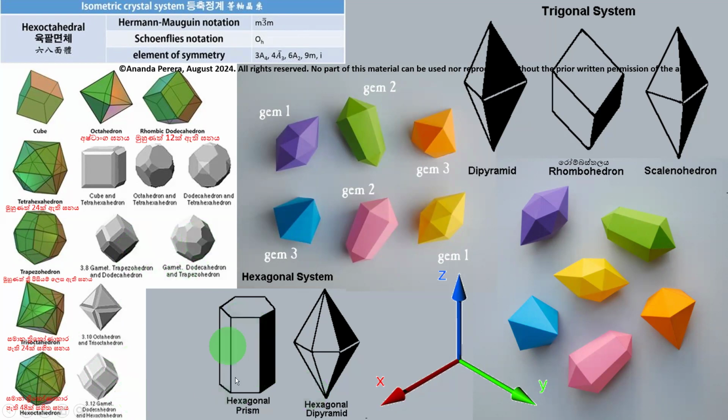So hexagonal prism is here. There are 6 sides. It is like ruby shape. Hexagonal dipyramid. Trigonal system here, dipyramid, rhombohedron, scalenohedron. These are the shapes we should remember in 3D.